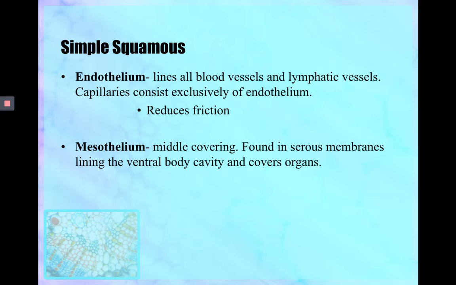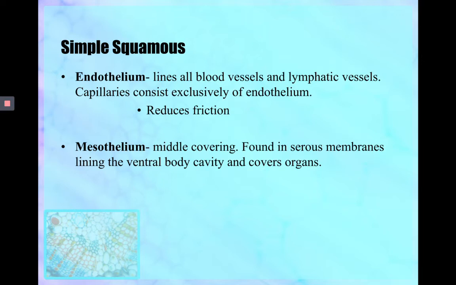So these terms do mean simple squamous epithelium, but in a specific location. For example, if you use the term endothelium, you are saying you're talking about simple squamous epithelium either lining the inside of blood vessels or lymphatic vessels, nowhere else. If you say endothelium, you're talking about simple squamous epithelium in those two locations.